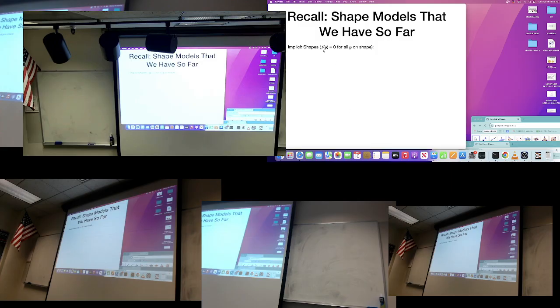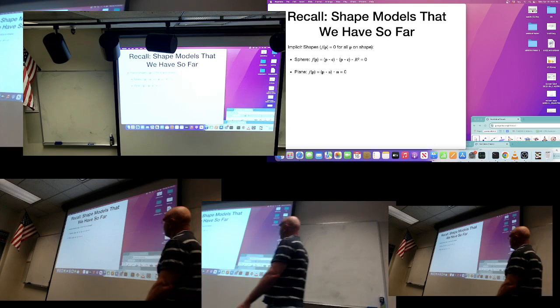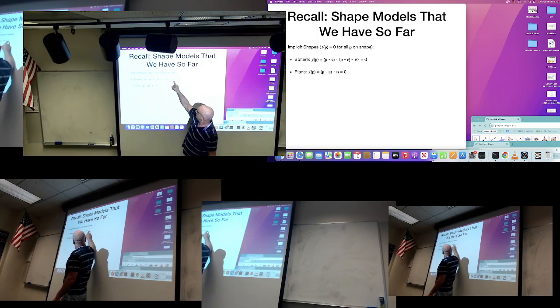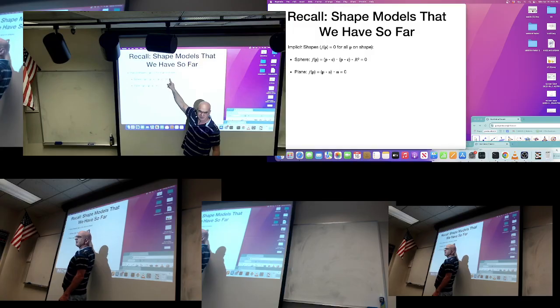So I have a function, f, and the surface consists of all the points p, where p is a point in 3D, for which f of p, the level set, is 0. An example: a sphere is all the points p for which the distance from p to the center of the sphere, squared, minus r squared equals 0.